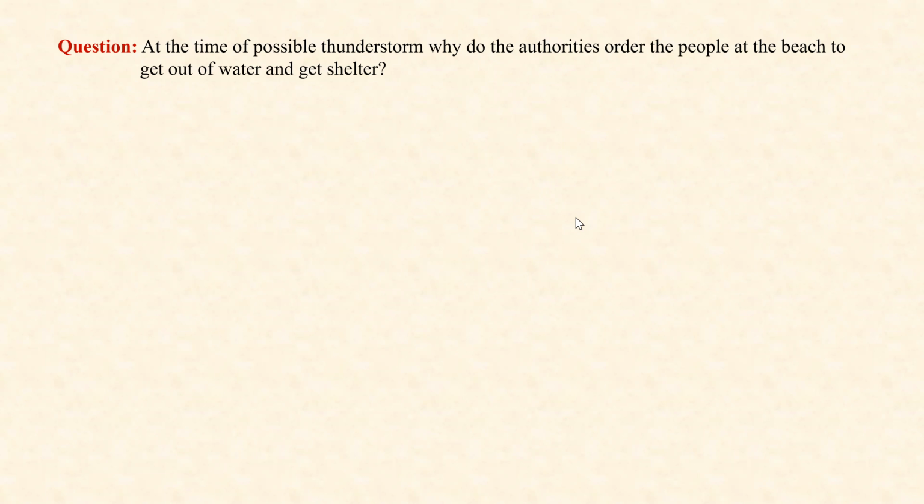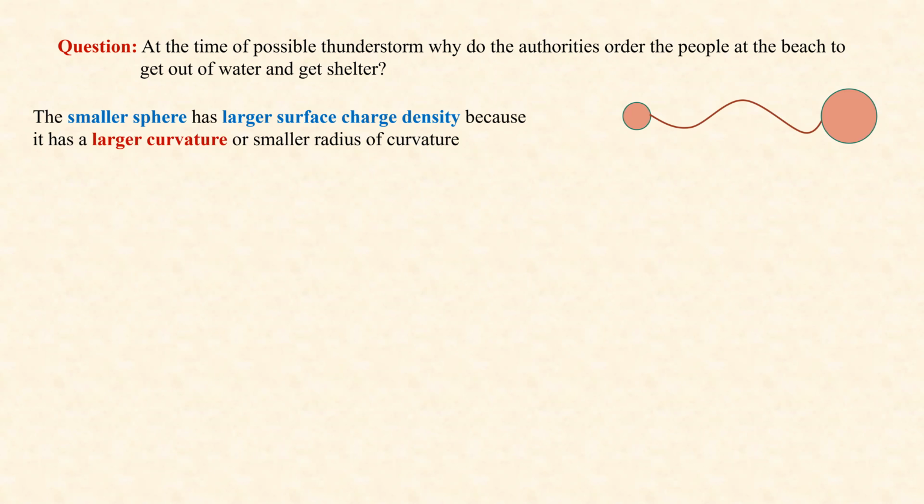So let's go over the basic things that we learned here. I'm going to go over it to see how we get to that. We said that the smaller sphere has a larger surface charge density, and it has larger curvature. We say the curvature is the inverse of the radius.